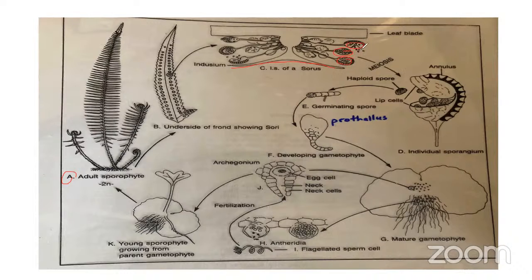If we zoom in on one single sporangium, this is the location where our cells are undergoing meiosis, forming our spores. And they're in this, I don't even know how to describe this structure. This is a circular structure that produces a sort of mouth to throw our haploid spores about the environment.